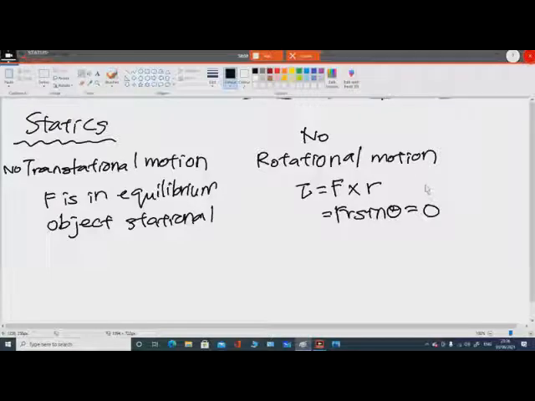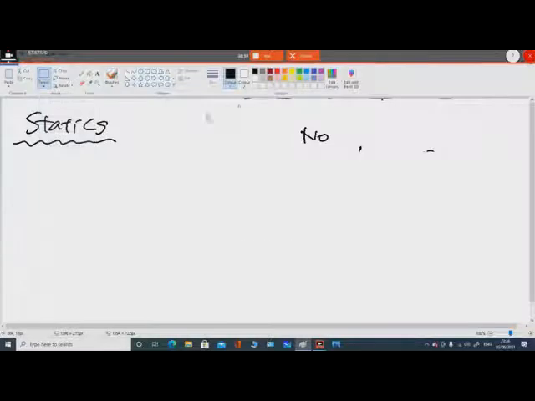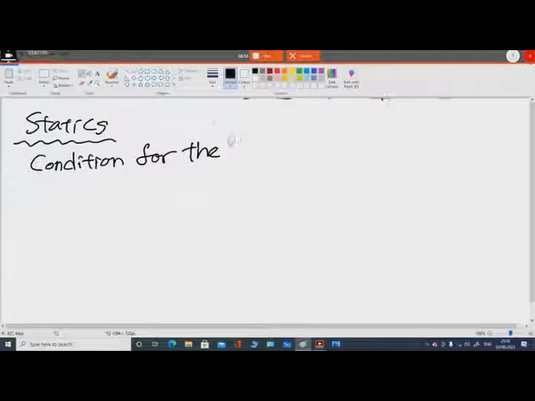From these two concepts, we can finally conclude the conditions for the equilibrium of the rigid body.